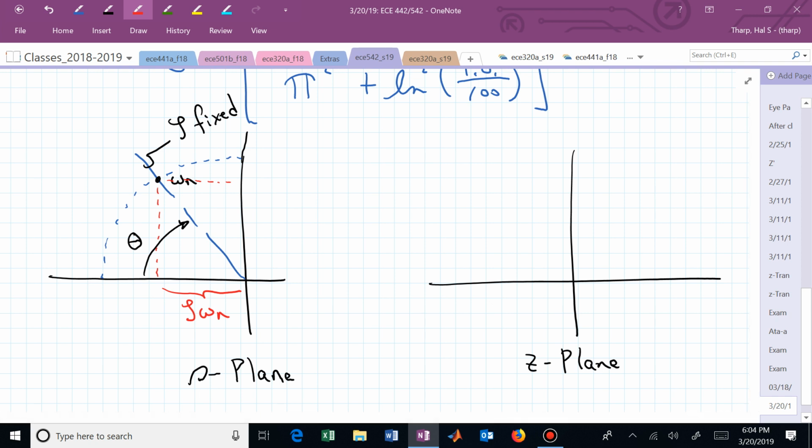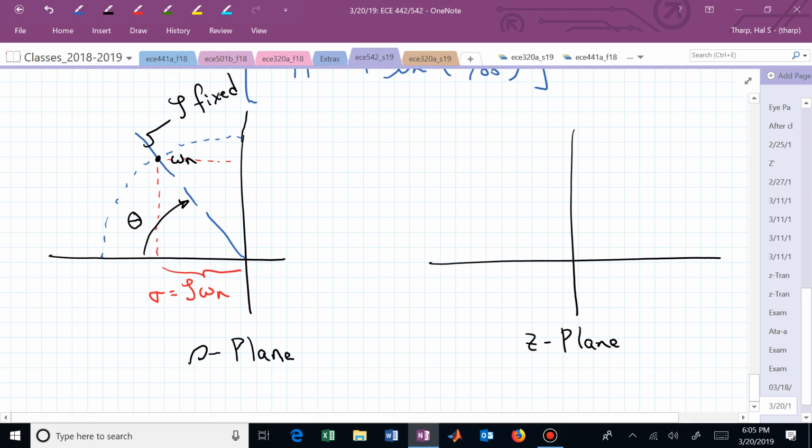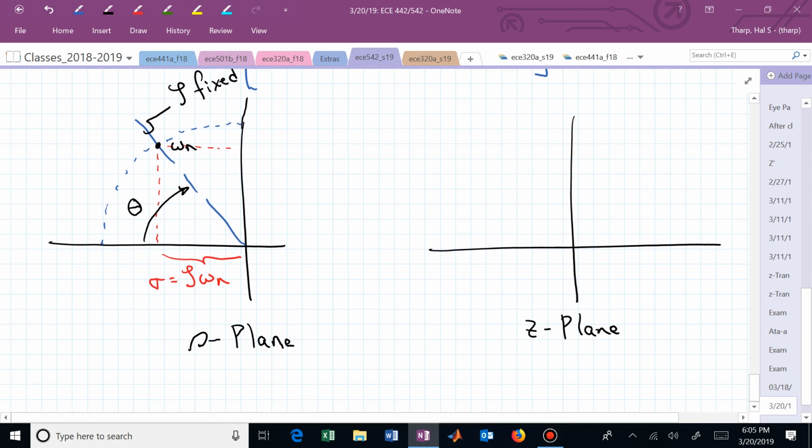That's the sigma that we've talked about, but that sigma value, the damping, actually changes if we change our distance away from the origin, if we change our natural frequency, omega sub n, even though zeta is fixed. Now what we want to do is talk about what varying points in the S-plane correspond to in the Z-plane.